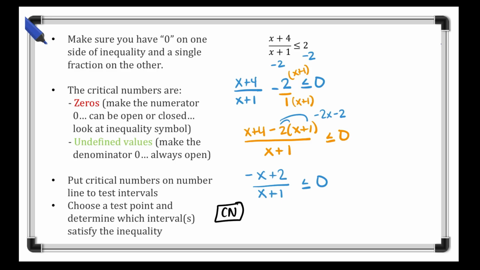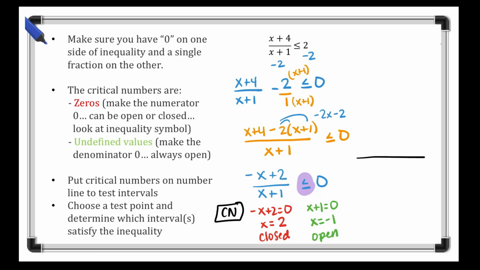So if I use my 0 of my numerator, you're going to get x is 2. This one, again, looking at your symbol, is going to be closed. And then your undefined values come from the denominator, so x is going to be negative 1, and this one will always be open.